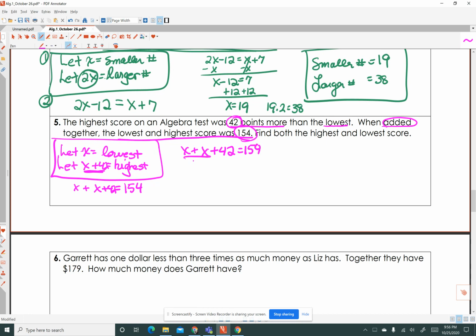So combining like terms, 2x plus 42 equals 154.